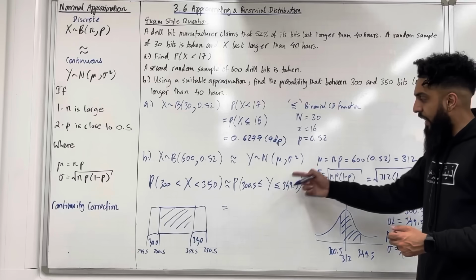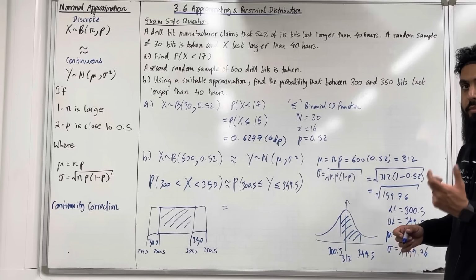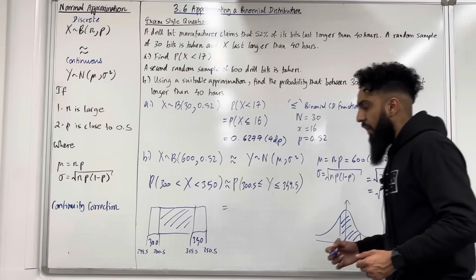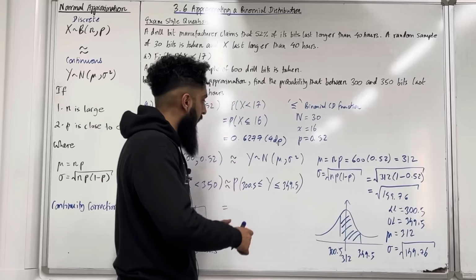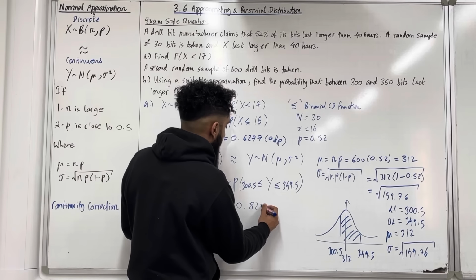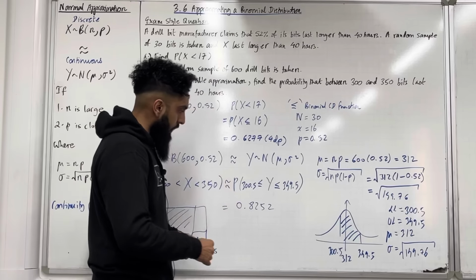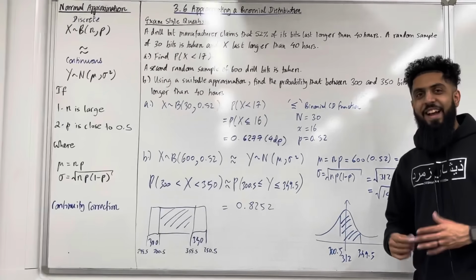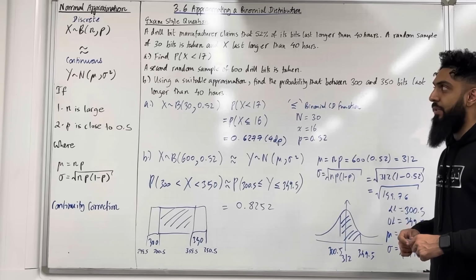Okay, so to calculate this probability, I'm going to use the normal CD function in my calculator with these values. Okay, so if I use my ClassWiz calculator, I get that this probability is equal to 0.8252. Okay, that there, ladies and gents, completes part B of the question. And that there, ladies and gents, completes this exam style question.